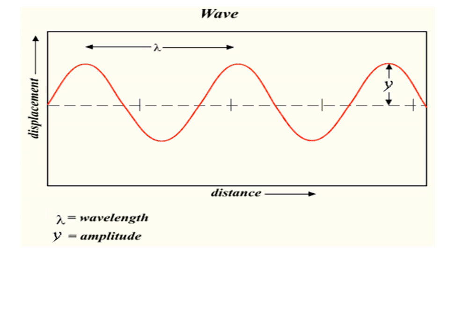The wave properties significant to us are the wavelength, which is the distance from one peak to the next peak, or from one trough to the next trough. They list the wave amplitude up here, the distance from the midpoint to a peak or trough. We won't really be using that too much.